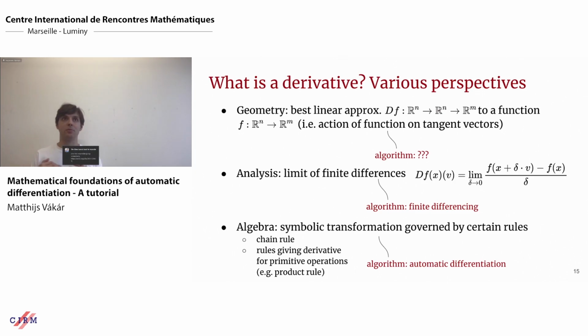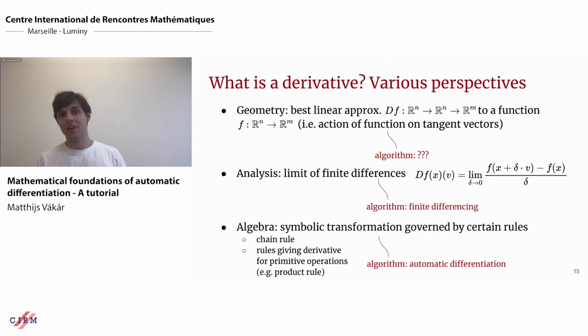One perspective that we learn about early on is a sort of geometric perspective. I guess the first picture that you see of a derivative tends to be of a graph and a tangent line to the graph. So this is the geometric idea that a derivative is the best linear approximation to a function.